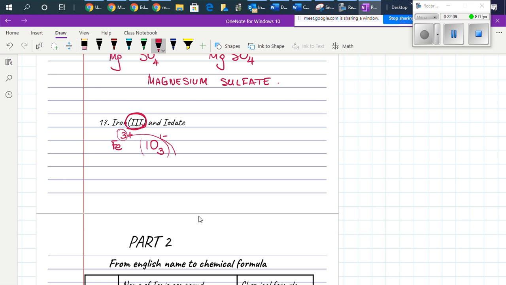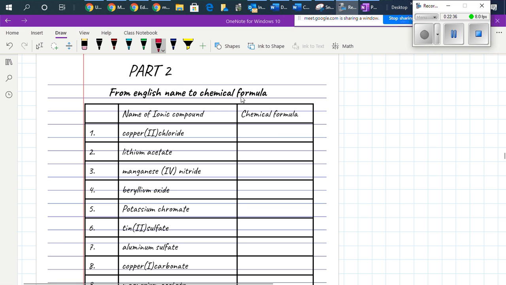So this 3 will affect the whole thing, and this 1 will affect iron. So it will be Fe(IO3)3. And the name will be iron 3 iodate. Does it make sense?